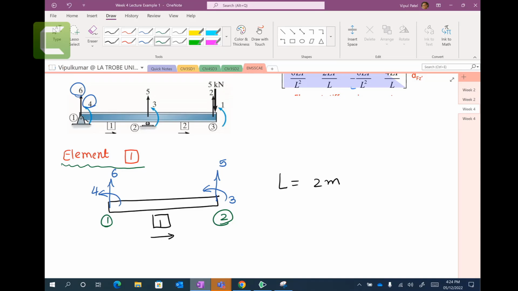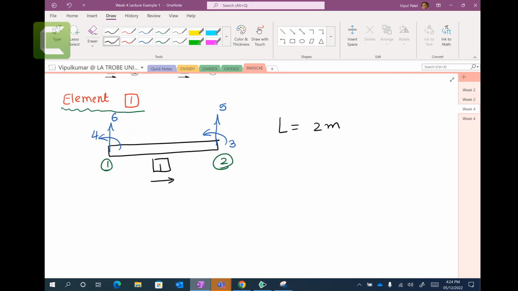I drew element number 1 and the degrees of freedom. I drew a square bracket to show element number 1, and I put degrees of freedom 4, 6, 3, 5.